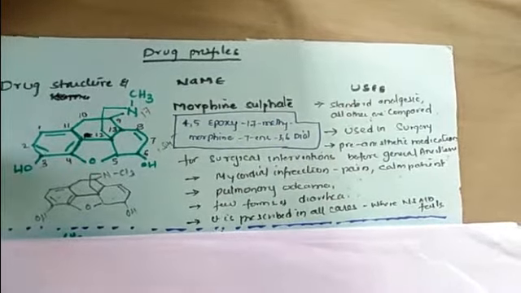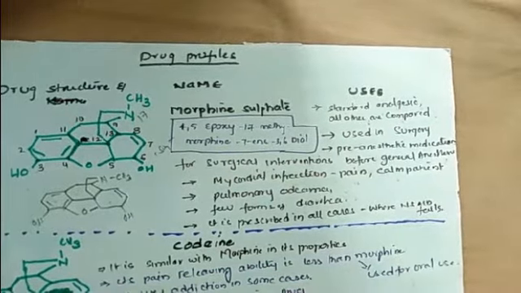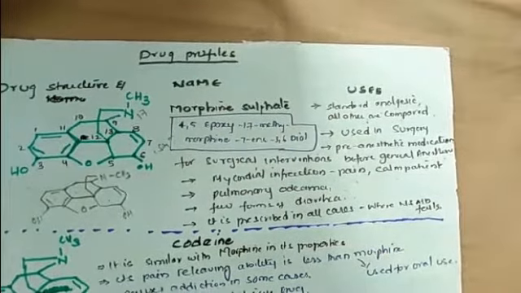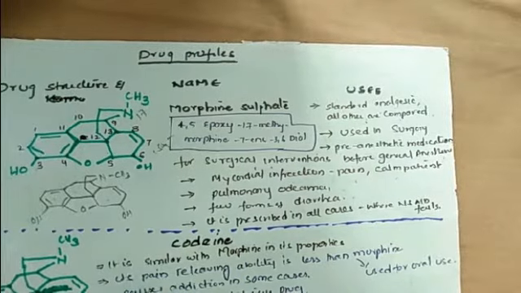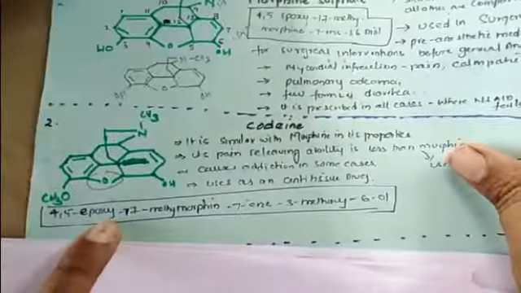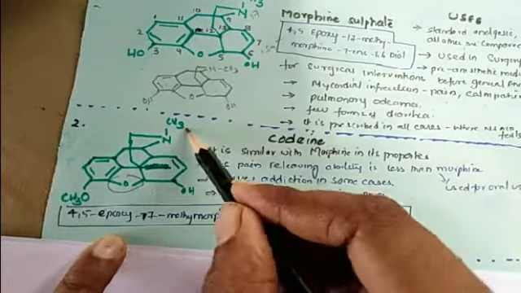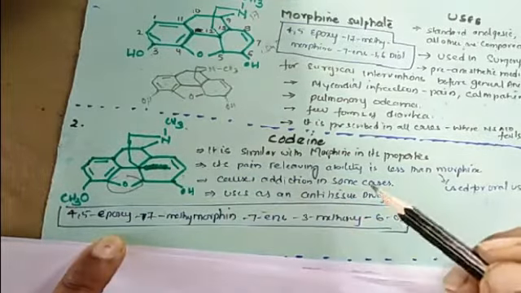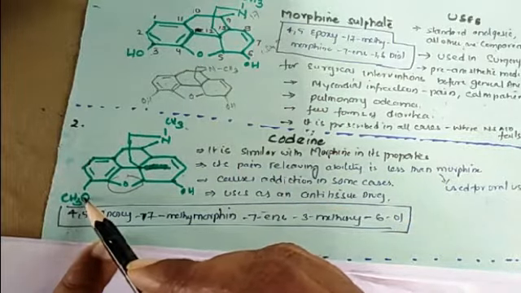This is about the first drug molecule as per the syllabus. Coming to the next drug, codeine. It is 4,5-epoxy-17-methylmorphin-7-ene-3-methoxy. The 4,5-epoxy is this linkage.